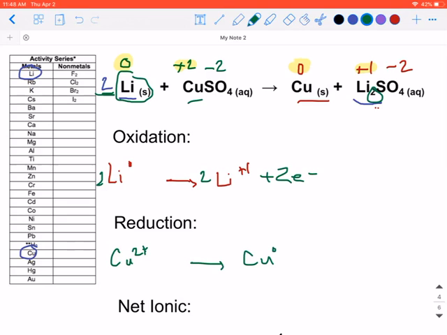So I am going to say +2 electrons, because remember, from my previous slide, I said if electrons are being gained, treat them as a reactant. This is basically saying that copper is taking in those 2 electrons to make a neutral copper atom. Okay? So those are our half reactions. They are not too bad. Just an important thing to remember as we move forward with the net ionic equation: these electrons here and here should be equal.